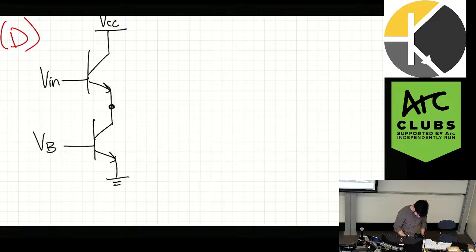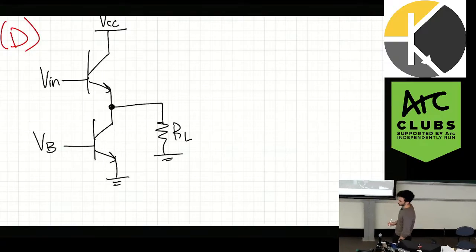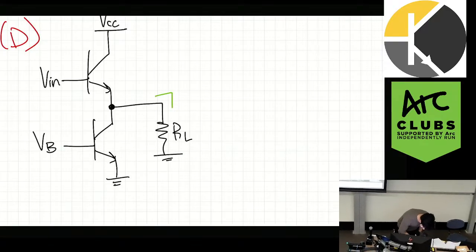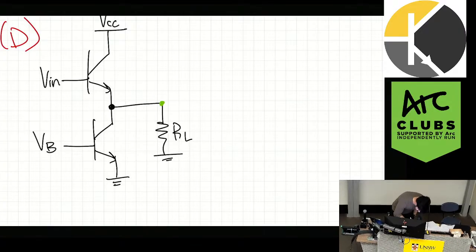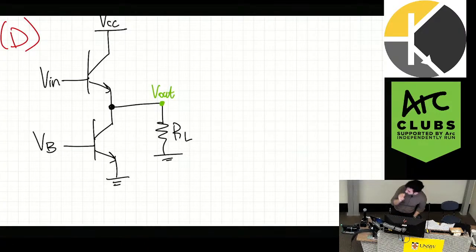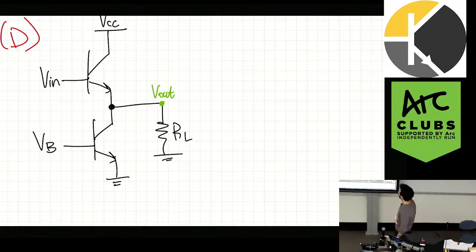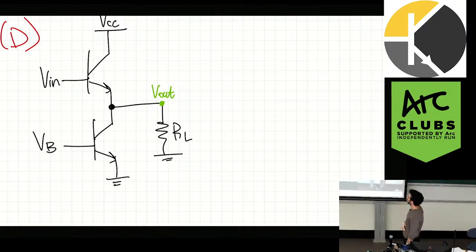So then we have a resistor here. And we need to find the maximum power. So we need to know what the voltage here is. So V out. Now, the maximum power is going to be dependent on how much this output is allowed to swing, right?